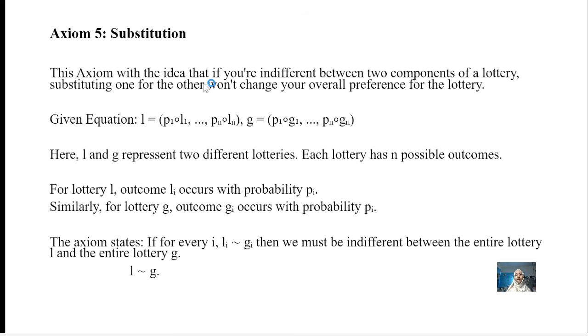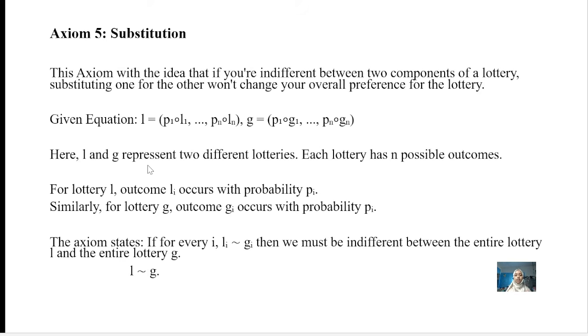Then the fifth axiom is substitution. This axiom expresses the idea that if we are indifferent between two components of a lottery, substituting one for another will not change our overall preference for the lottery. Here we can see L and G, where L contains P1 times L1 up to Pn times Ln, and G equals P1 times G1 up to Pn times Gn.